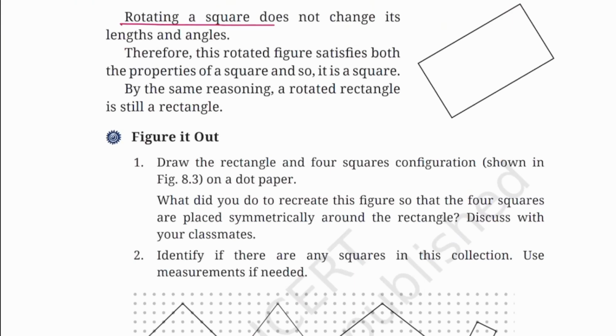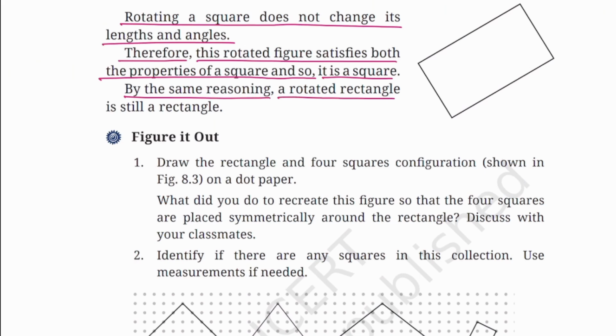Rotating a square does not change its lengths and angles. Therefore, this rotated figure satisfies both the properties of a square, so it is a square. By the same reasoning, a rotated rectangle is still a rectangle.